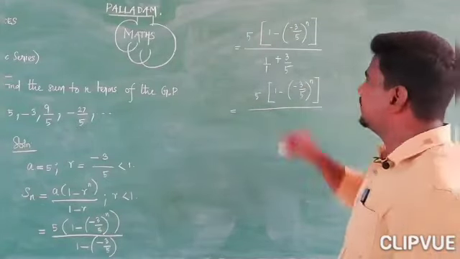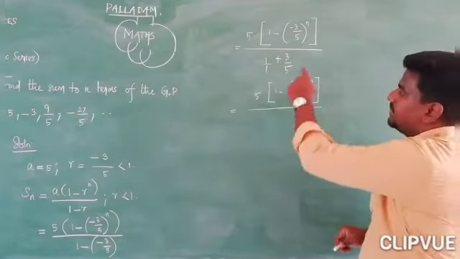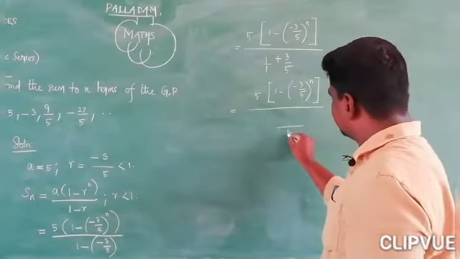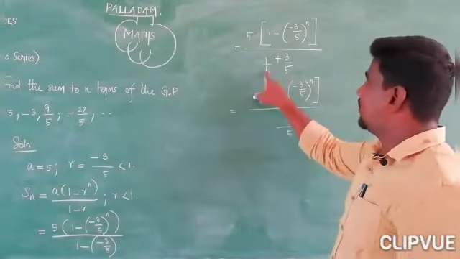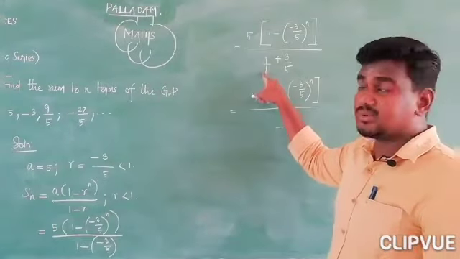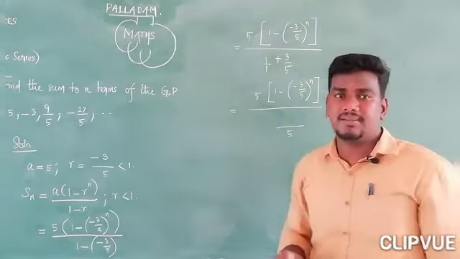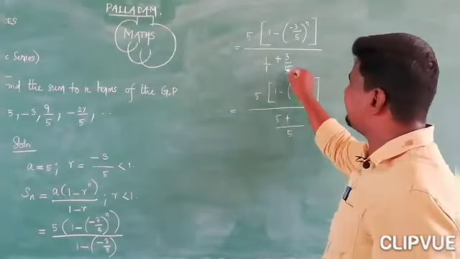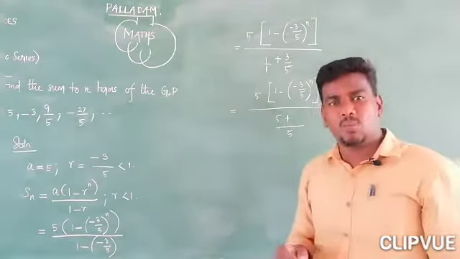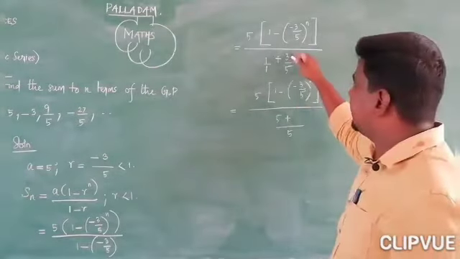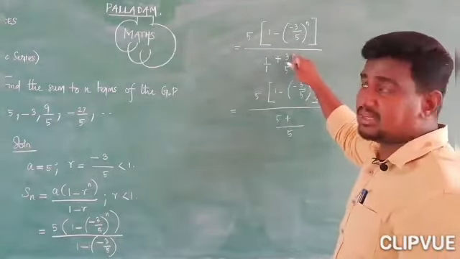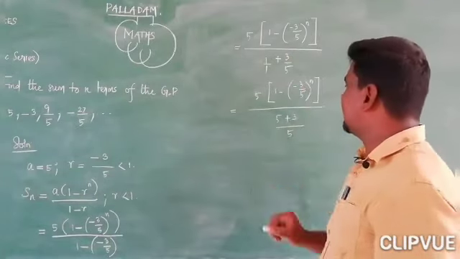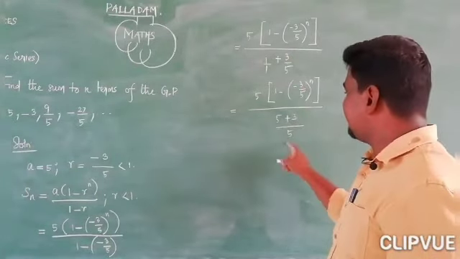In the denominator you want to simplify, the LCM is 5. So if we multiply by 5, we get 5 into 1, 5, plus 3, so 5 plus 3 is 8 by 5.